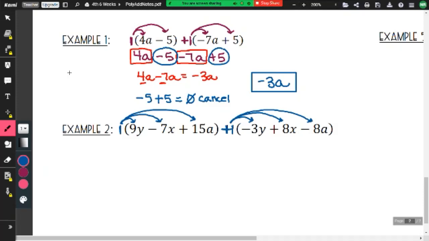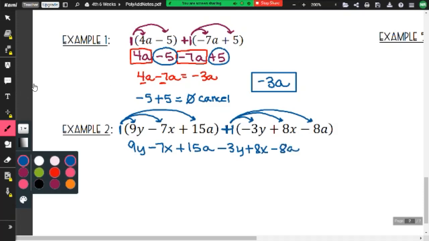So 1 times 9y is still 9y, 1 times negative 7x, still negative 7x, and so forth. I'm just going to bring down all my terms, not going to change anything. I'm getting rid of the parentheses. There will be some kind of change tomorrow. I'm just going to keep repeating that. That way you don't forget.